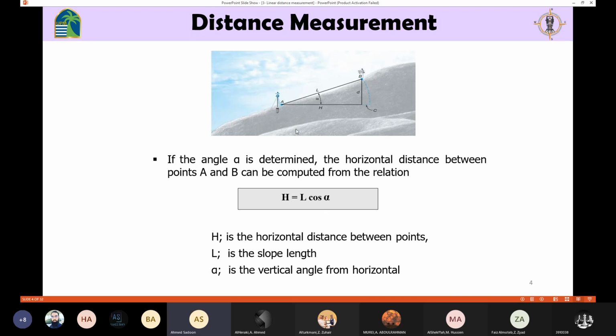Here we use simple mathematics to get the relation between the horizontal distance and the slope distance. Similarly, you can find the relation between the horizontal distance and the vertical distance, or between the slope distance and the vertical distance, as long as you know this angle here.